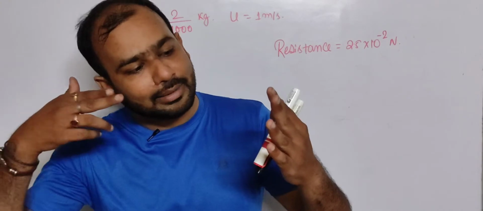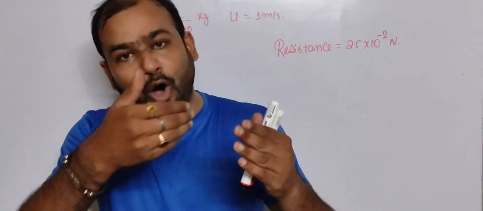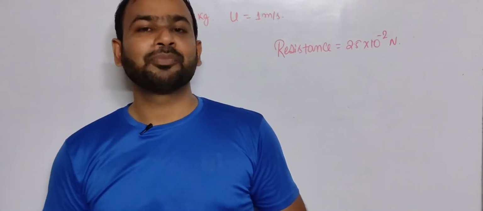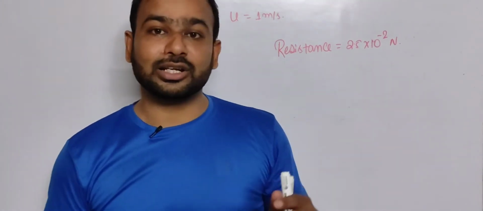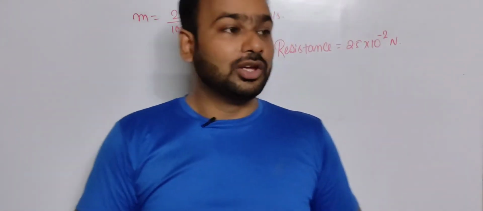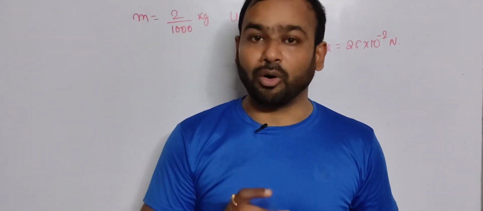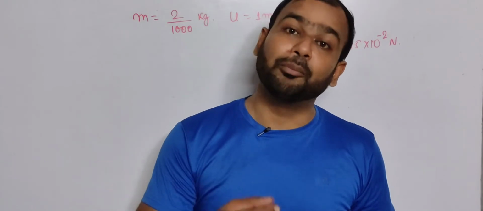When the bullet starts penetrating, it offers some resistance, so it will reduce the velocity of the bullet. So this acceleration will act as a retardation. Using this force, we can find the retardation on the bullet.